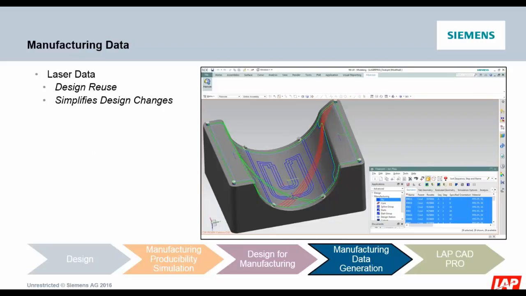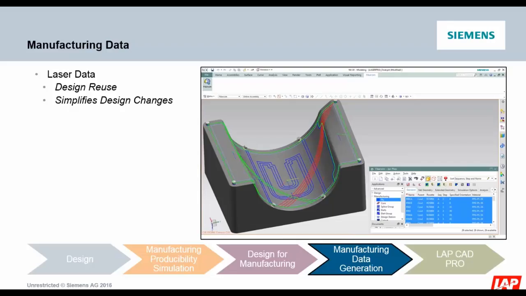So again, trying to reuse is actually the most important point of being able to go directly from the design data to the manufacturing floor. That digital workflow is consistent throughout the process.